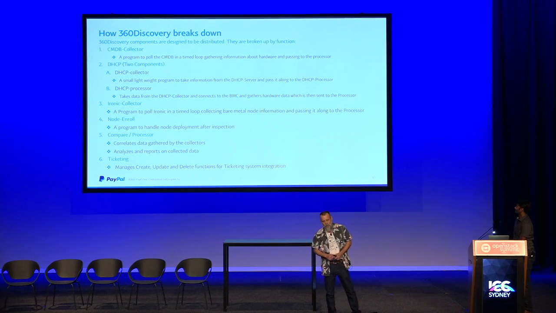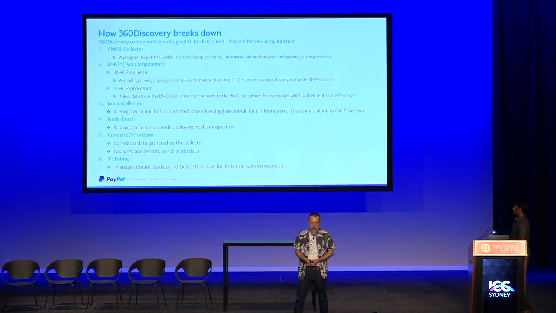Ironic Collector, just like the CMDB Collector, on a timed loop, polls Ironic and looks for changes in machine statuses. And the node enroll program is designed to handle node deployment after inspection. It also handles ticketing.